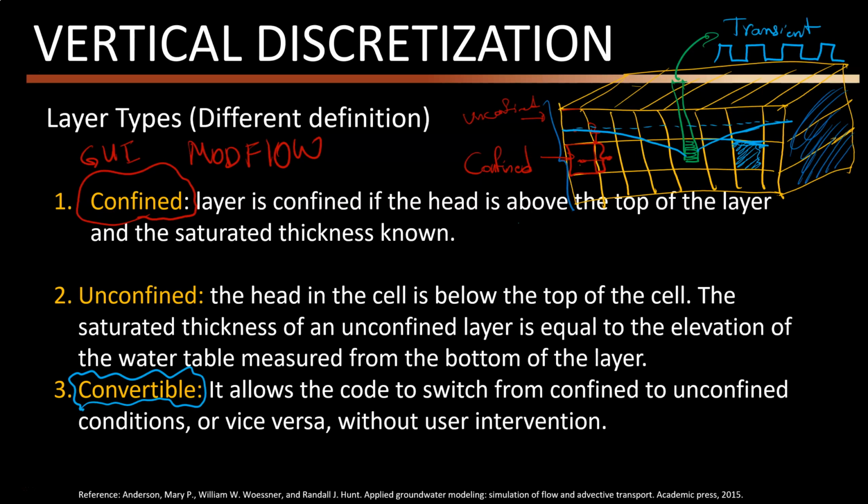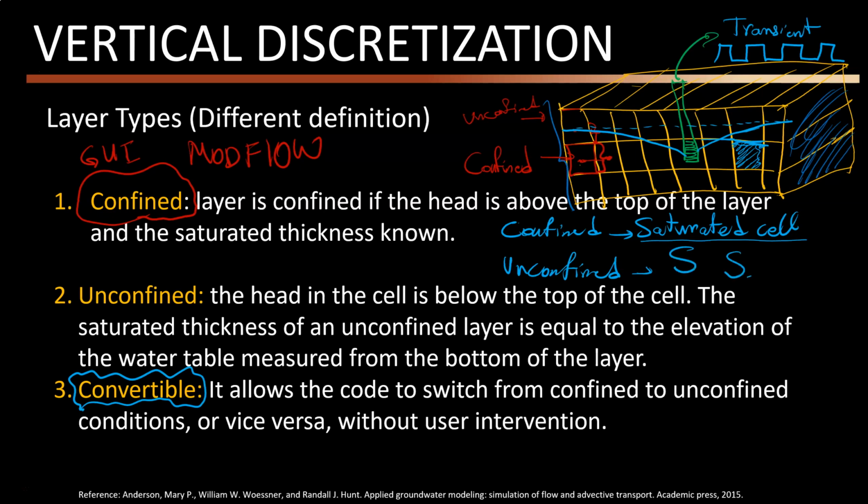And why it is important, you know that we already talked about the governing equation for the confined system being different from the unconfined system, right? So one difference that we see here is the saturated thickness of the cell. The other difference is that you remember we had different storativity parameters, specific storage and SY.